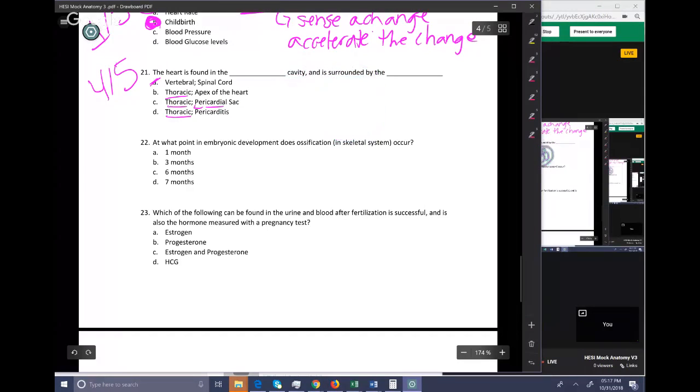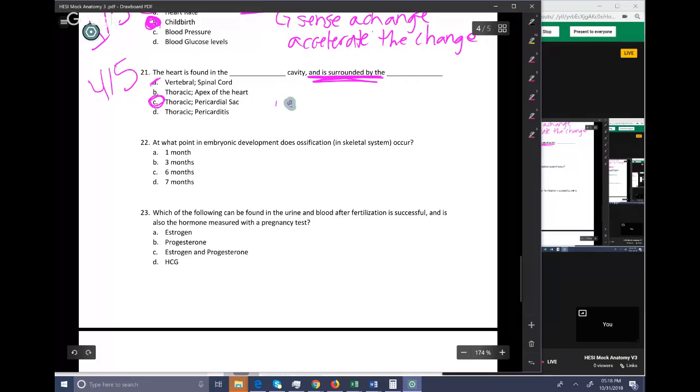So peri means outside or outward, and that would be where we would need something that was going to surround an organ, is outside of it. So between sac and pericardial, outside the heart, sac. Basically what this says is outside the heart, sac. That's what we're looking for from a descriptive standpoint. That makes C the best.